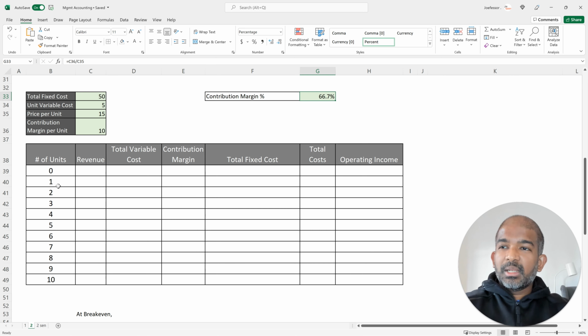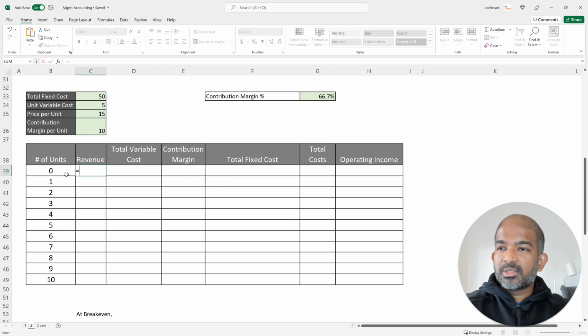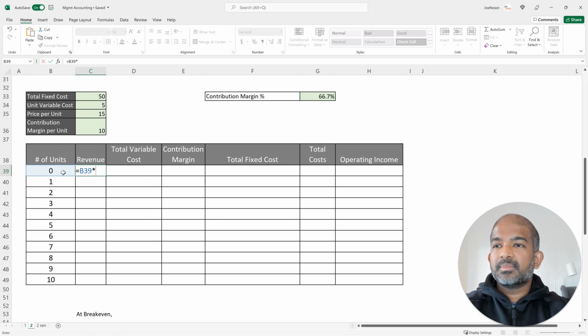Now let's try to simulate a situation where we sell anything between 0 to 10 units, and we are going to see how this affects our contribution margin and our overall operating income. To calculate the revenue, you multiply the number of units sold with the selling price per unit.